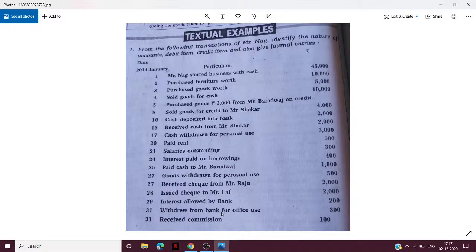So this is the fourth chapter in accountancy. I'll provide the links of the first three lessons in my description box so that you'll get good clarity.